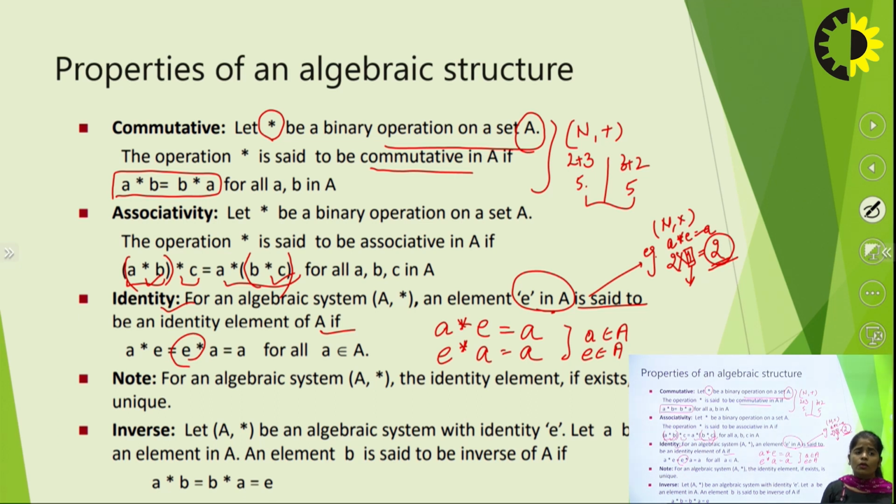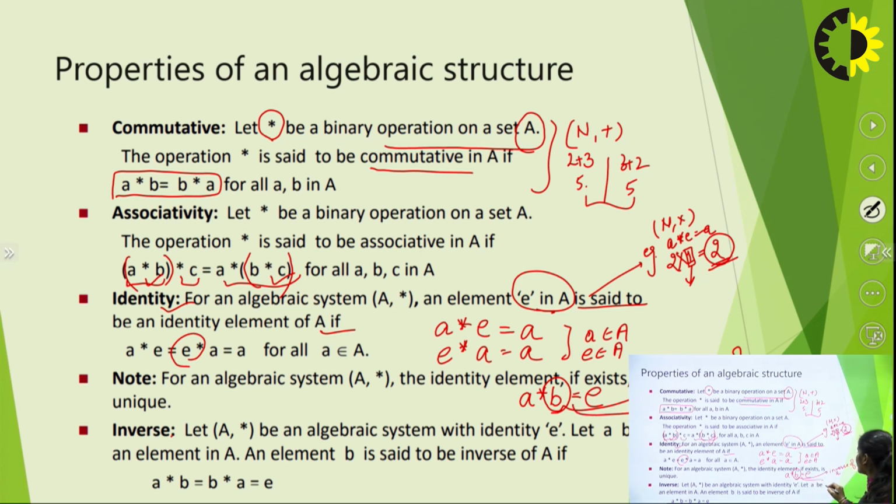For the fourth case, that is inverse. Inverse means if I consider set A with operator star, and the identity element is E, then the inverse says that A star B is equal to E, where B represents the inverse of A, right?